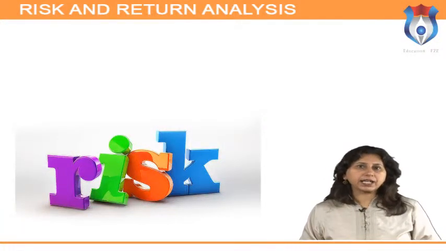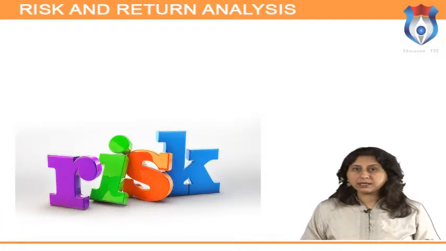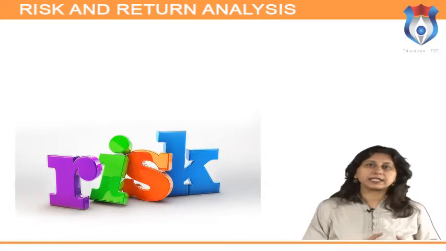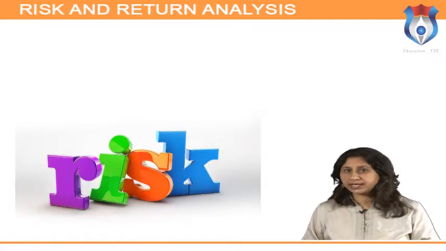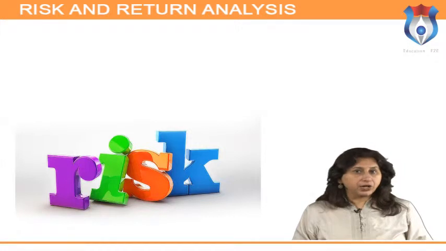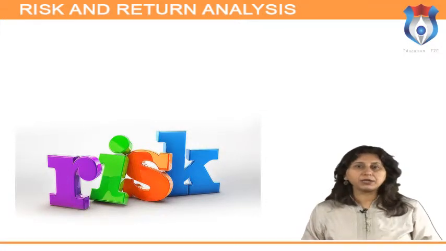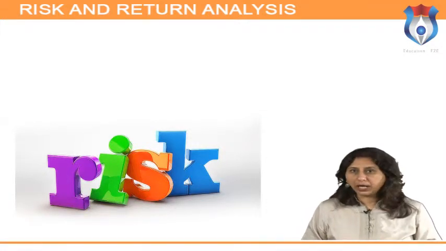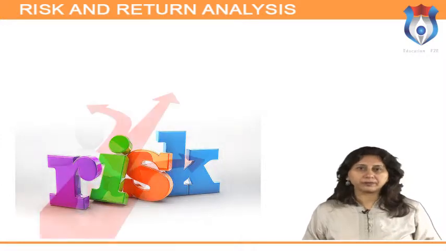The certainty equivalent coefficient can be determined as a relationship between the certain cash flows and the risky cash flows. That is, risk adjustment factor is equal to certain net cash flow upon risky net cash flow.